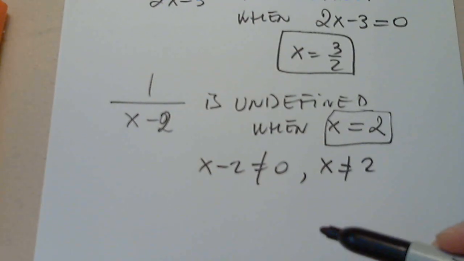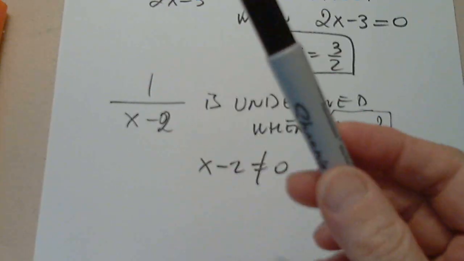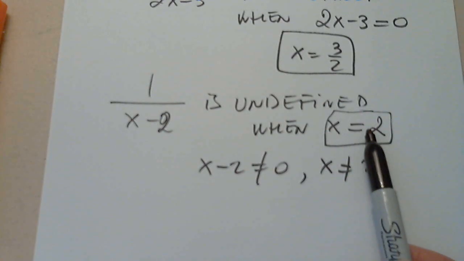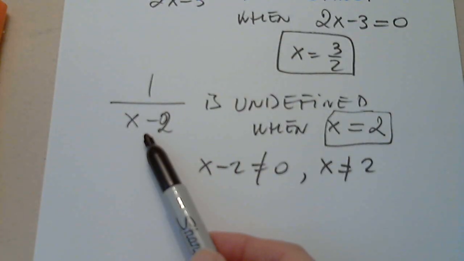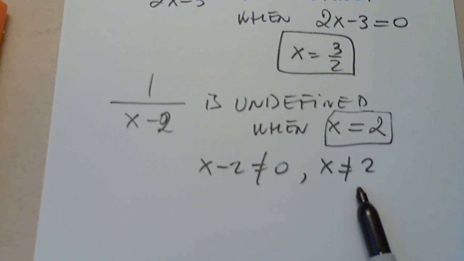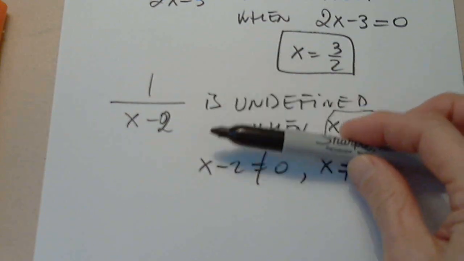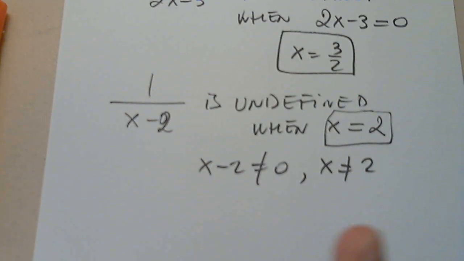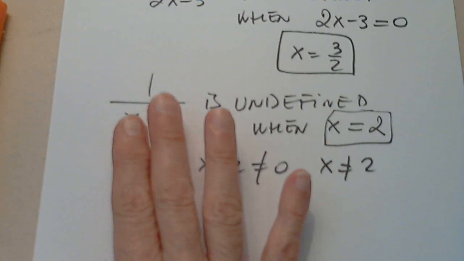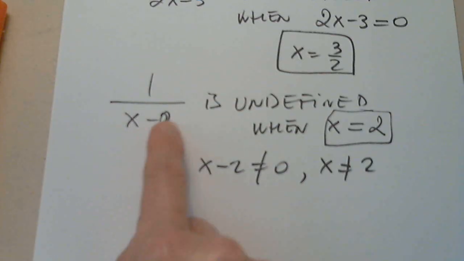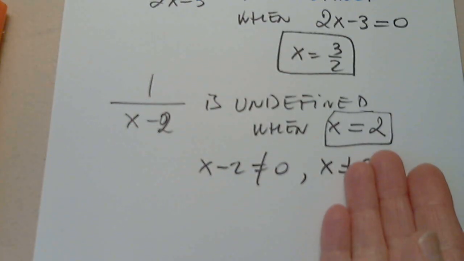But these are two different questions. If I'm asked when is this expression undefined, I'll say when x is 2. If I'm asked what is the restriction on x, then I will say x minus 2 cannot equal 0, so x cannot equal 2. You can say that there is a fine line between the two. If you're asking me what is the number that makes this expression undefined, I will say 2.